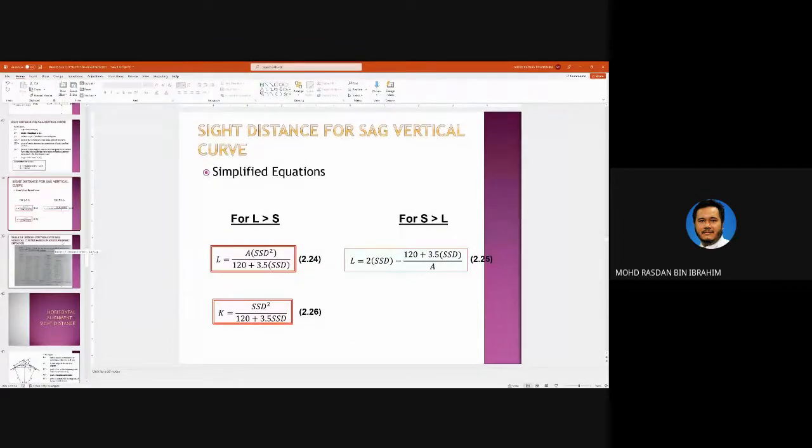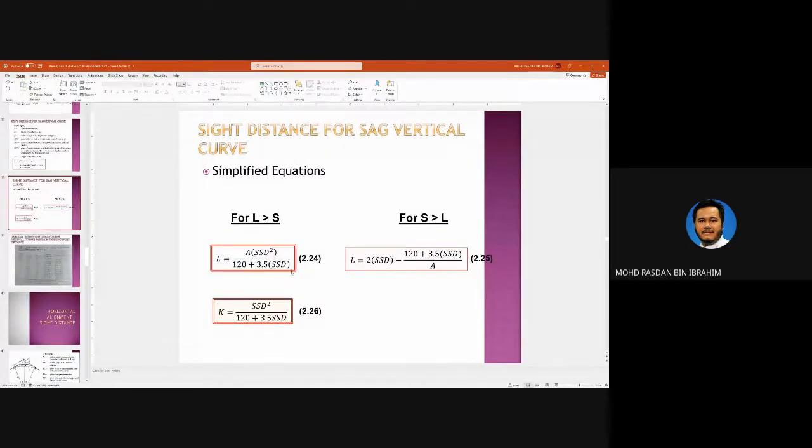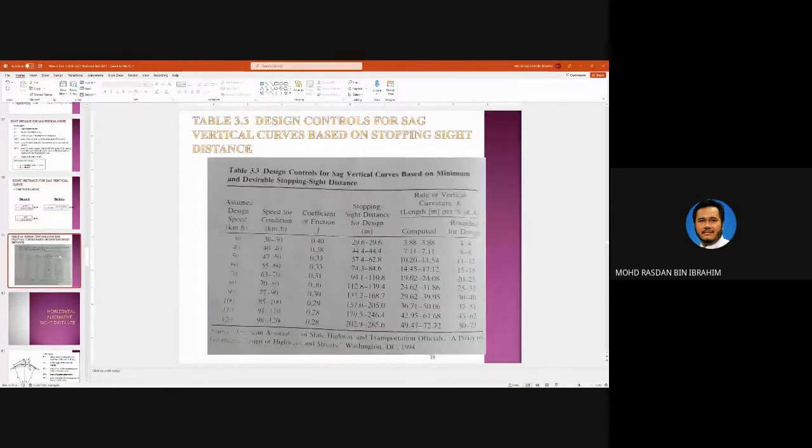Sight distance for sag vertical curve, this is the simplified formula. When you assume that beta is 1 degree and headlight height is 0.6, you get this formula. And this is the K formula. Again, they have calculated a table using those values. So here, this is the design speed, and here are the K values.